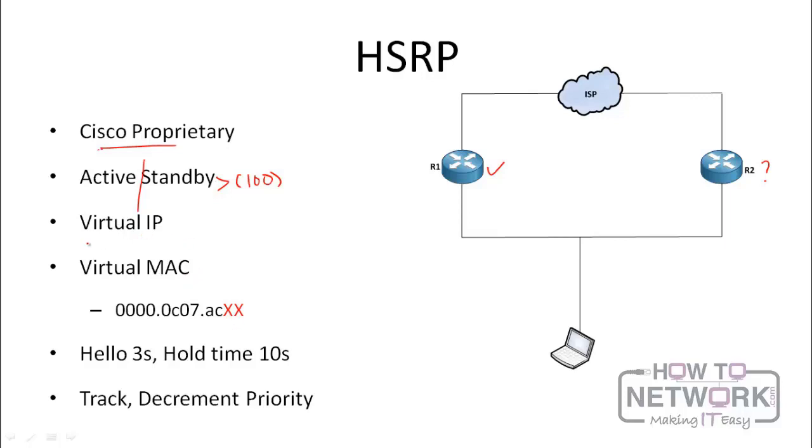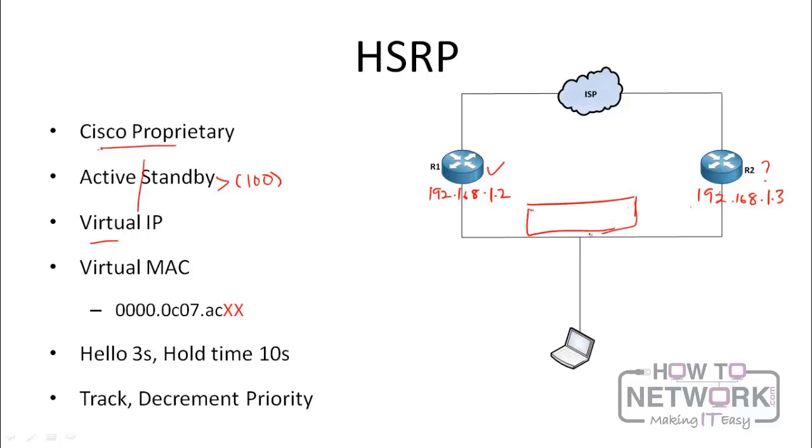Now, HSRP uses a virtual IP address like we discussed before. So what happens is that if you have, for instance, 192.168.1.2 and 192.168.1.3, we actually have to create another IP address to be the standby IP address, which would be the group IP address for both routers.